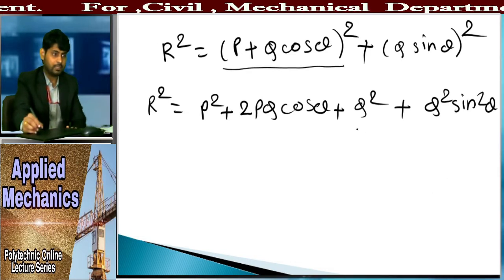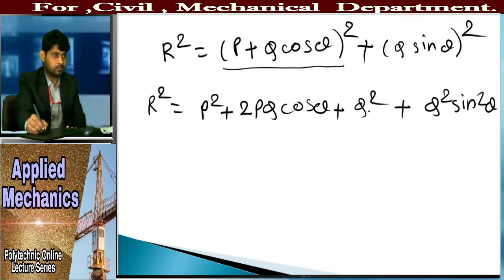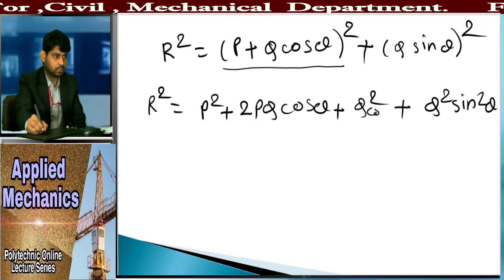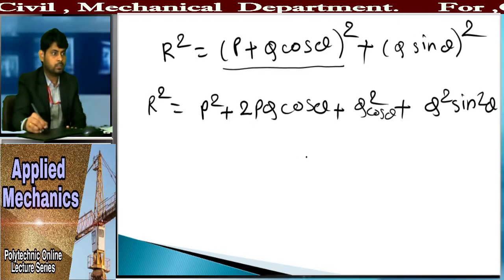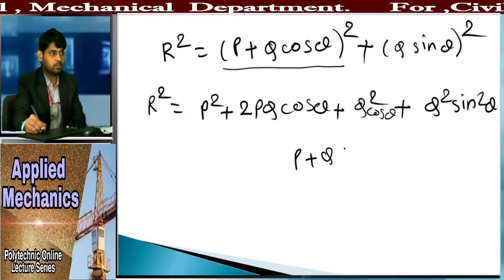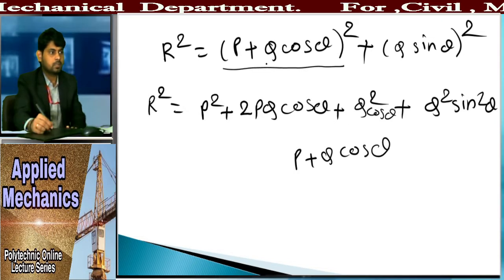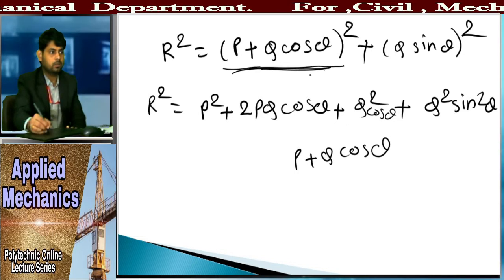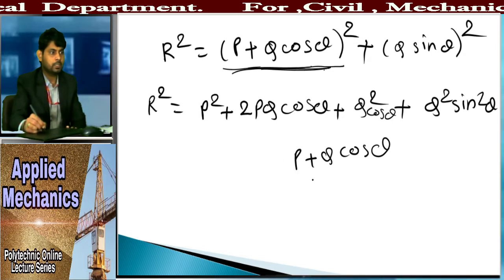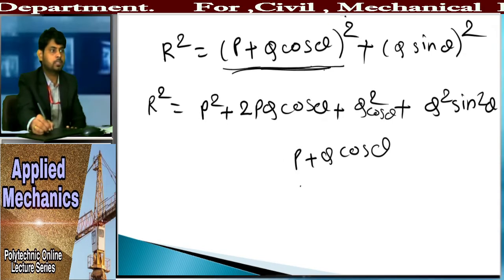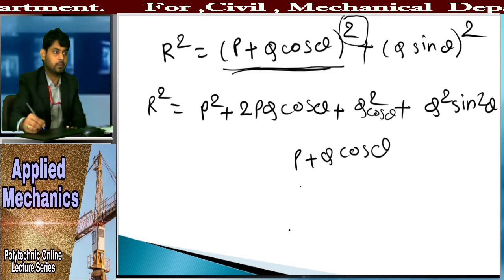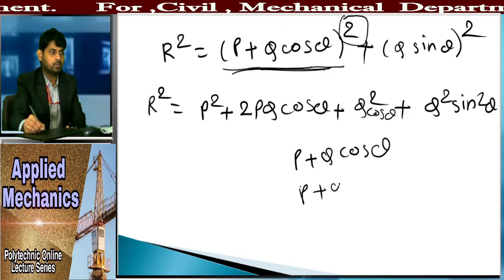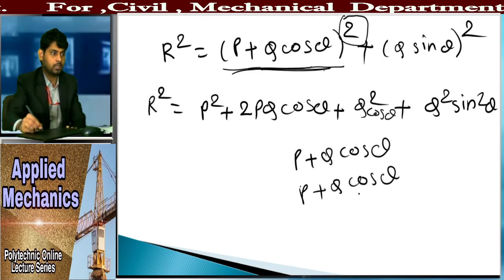So how can we resolve it? I will show you in detail how to resolve the term (P plus Q cos theta) square. The square means two times multiplication, so P plus Q cos theta multiplied by P plus Q cos theta.